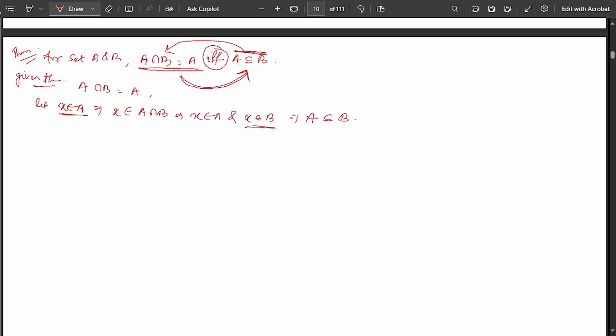Again, conversely, I am considering the right hand side.